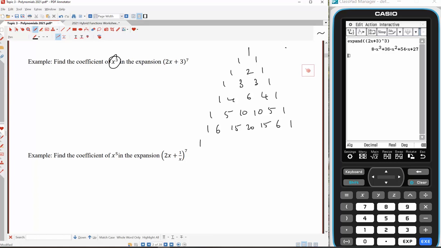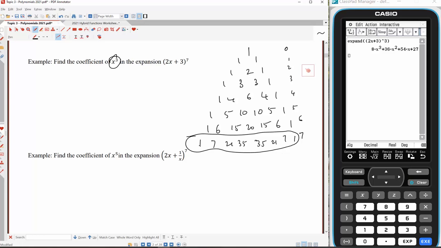So we got 0, 1, 2, 4, 5, 6, 7. This is the one we want. Okay, so that's the row.